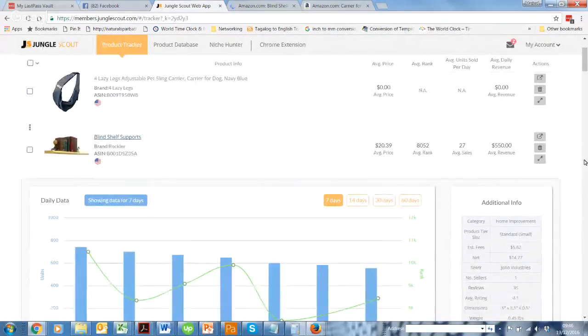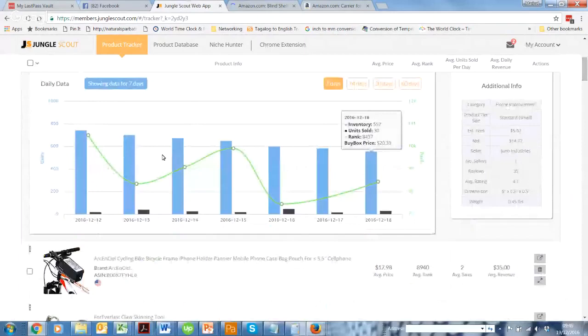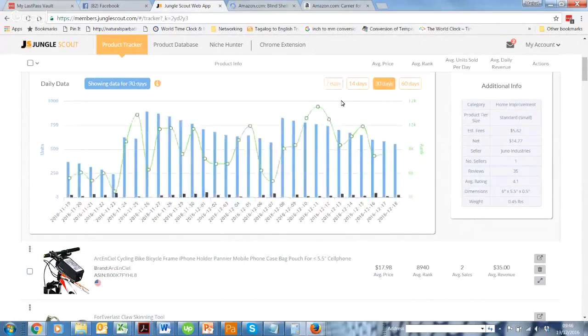And as you can see from the data point of view, let's look at the last 30 days. Towards the end of November, sales started to pick up a little bit. Saying that, it's not selling 10 units a day, 9 units a day.